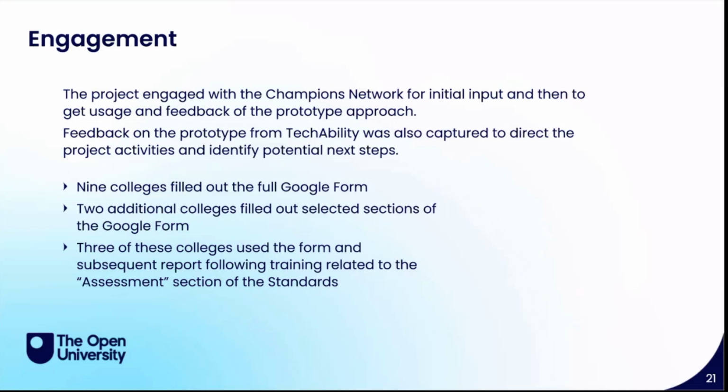I suggested they fill out the standards, and after the training give a little feedback on how assistive technology is used around assessment at their college, so we could send a custom report based on that.